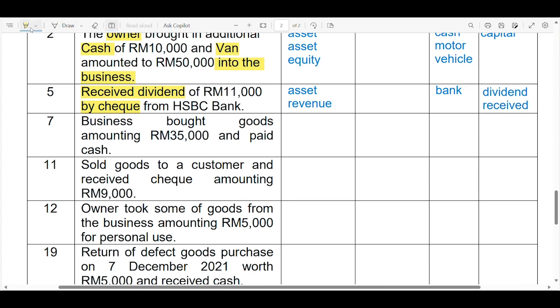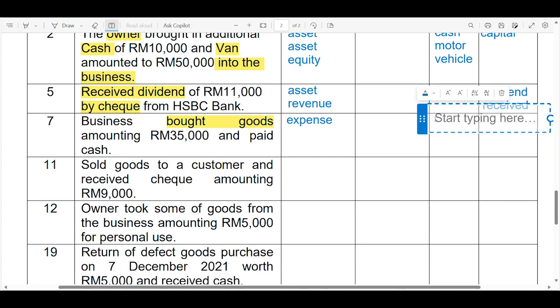Like I always say, when you see business bought goods, this will result in an increase in expense. Increase in expense, you debit expense account. So which expense account is affected here? Purchases. Very good. And then next, amounting to 35,000 and paid in cash. So how did the business buy goods?